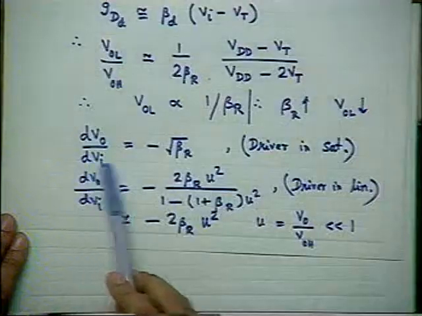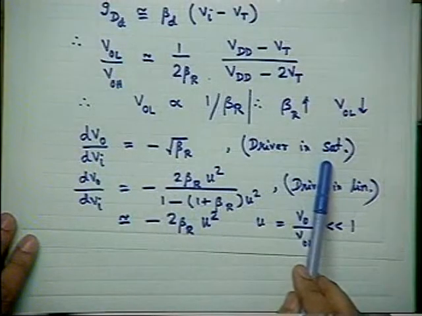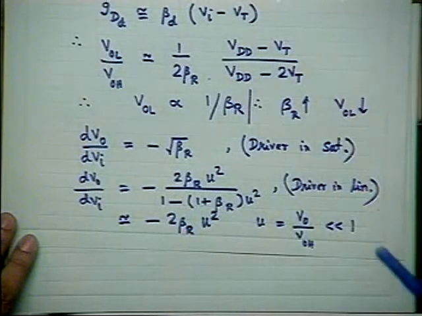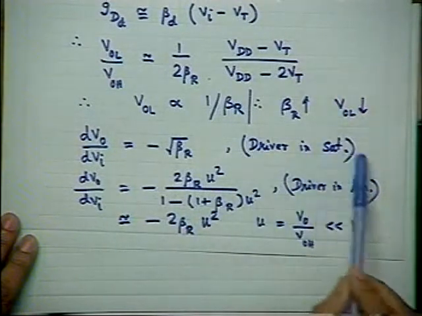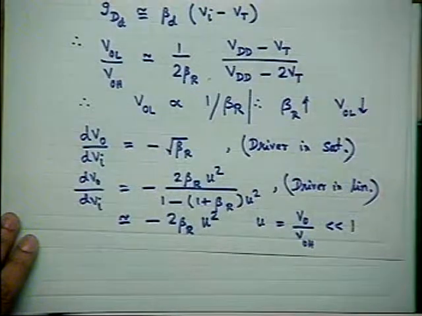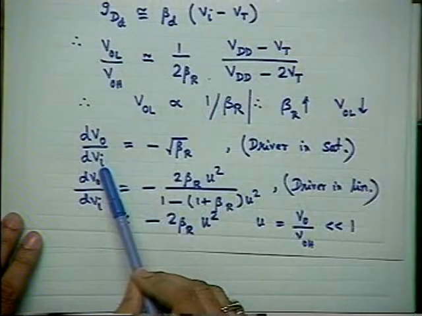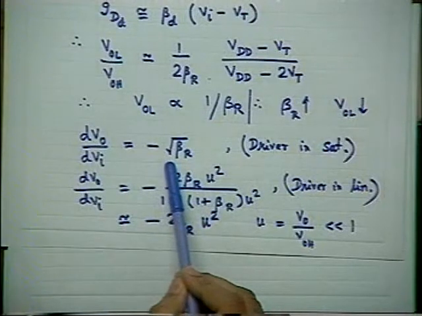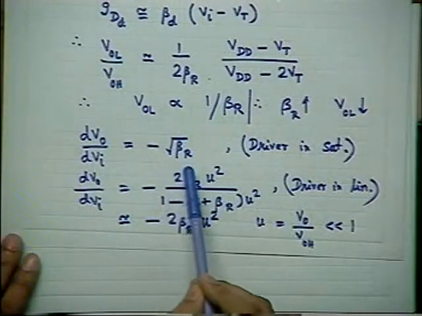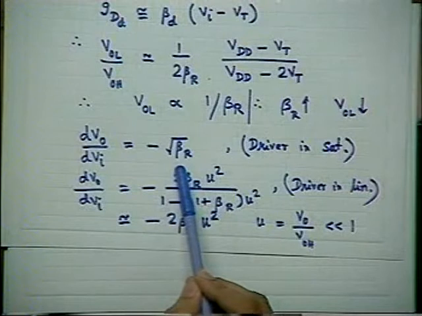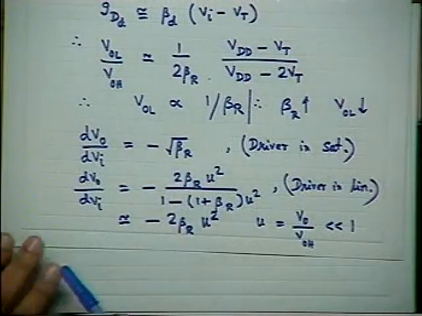Again, this equation says that when the output voltage is close to the high state voltage VOH, just beyond that, there is a very sharp fall of output voltage with increasing input voltage. And the rate of fall, which is called transition gain, again is proportional to beta R. Higher is the beta R, sharper will be that fall.